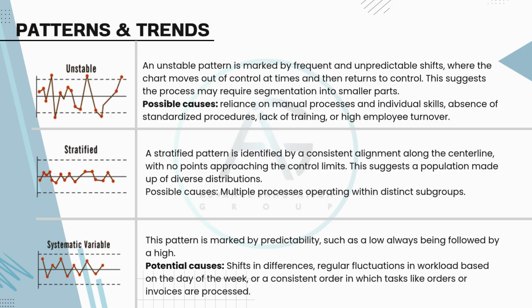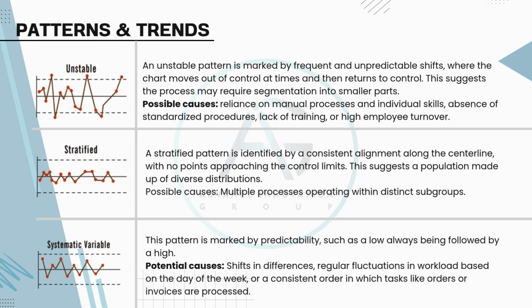It signals an inconsistent process, potentially due to human factors or operational instability. Possible causes include reliance on manual work or operator skill, lack of standard operating procedures, inadequate training or high staff turnover. Such a process may need to be segmented or stabilized before any improvement can be effective.